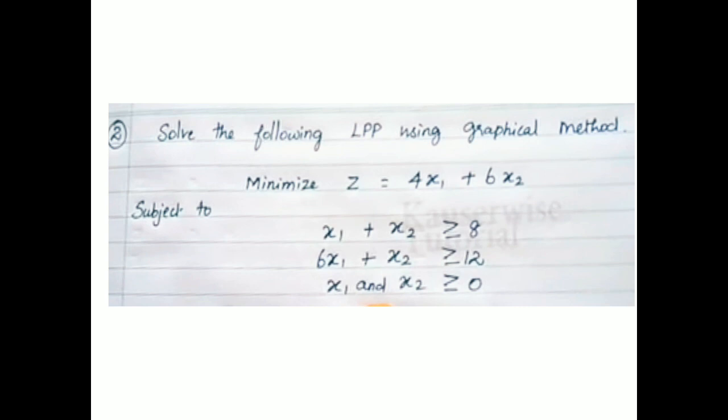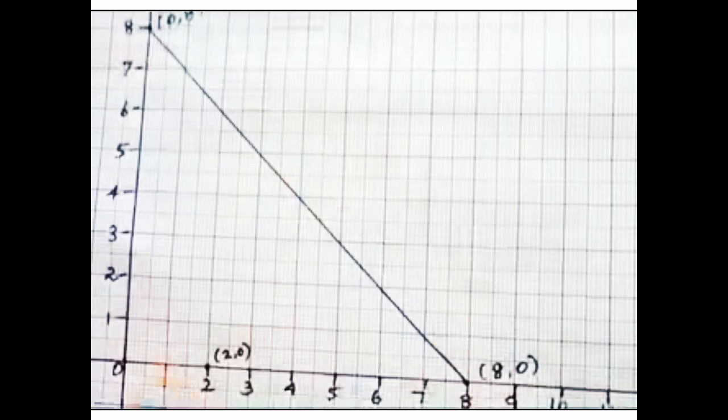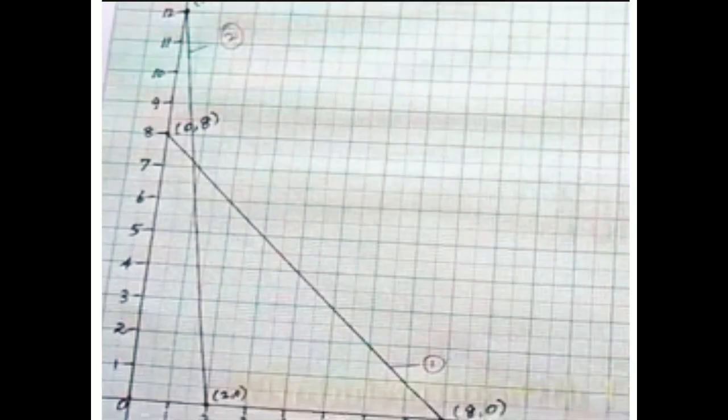That is, after putting 0, 0 in the inequality constraint, it is not satisfied. That's why the area above the line is the area that satisfies the inequality constraint.